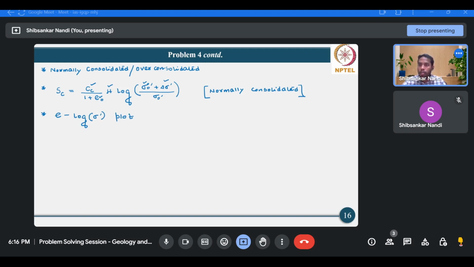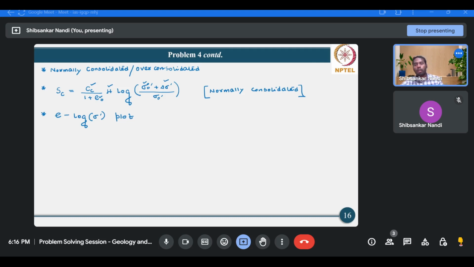It will help both to identify whether the soil is normally or over consolidated, and to determine the value of compression index or swelling index. That swelling index will be relevant for the case of over consolidated soil.